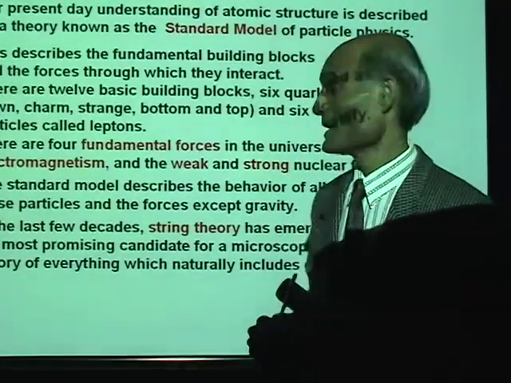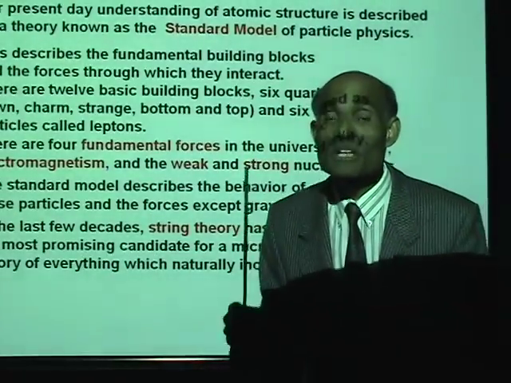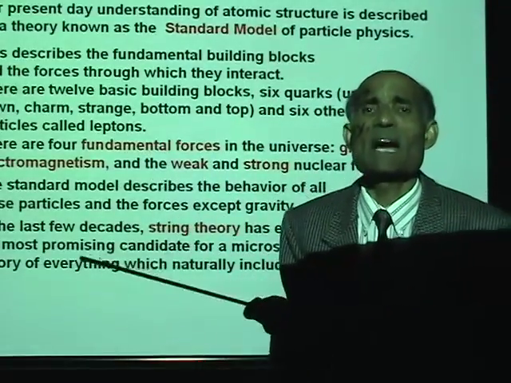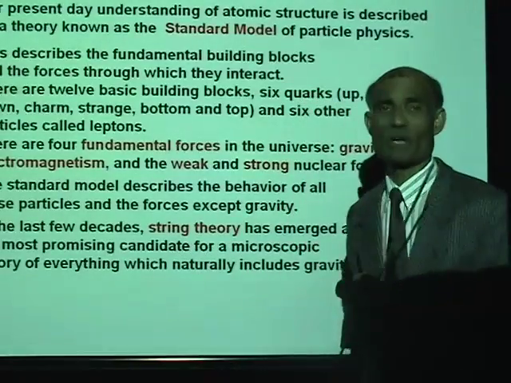As long as you cannot unite all these forces together, the model that we have is not a perfect model. Now, in the past few decades, a different theory altogether has sprung up, called string theory.